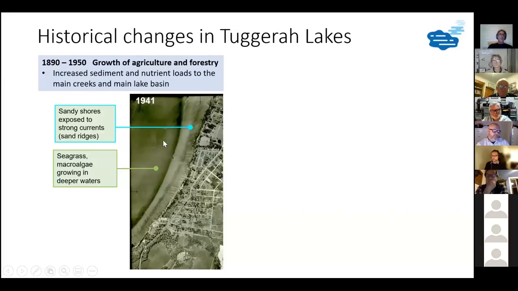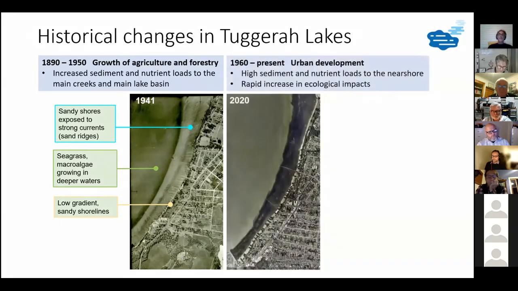So they were growing in much deeper water because the clearer water allowed light to enable them to establish there. And of course, at that stage, the shorelines were very low gradient and sandy shorelines, and that was one of the key attributes of the system at the time.